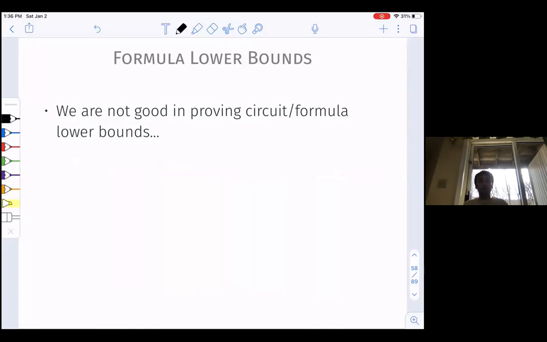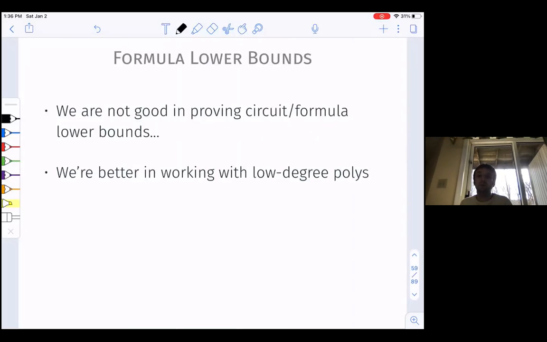So how do we prove lower bounds against a computational model? Usually we say that everything computable by this computational model has some structure, and here is a function that doesn't have the structure, hence a lower bound. Right, but we don't really understand circuits or formulas well. We are much better at working with low degree polynomials. Those we understand much better.